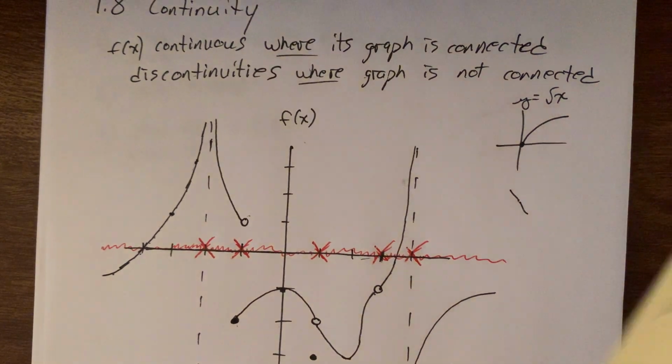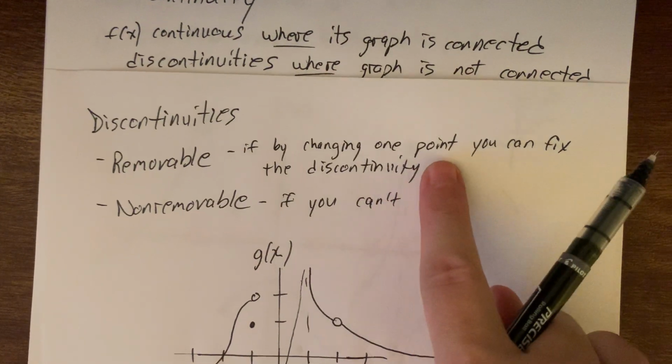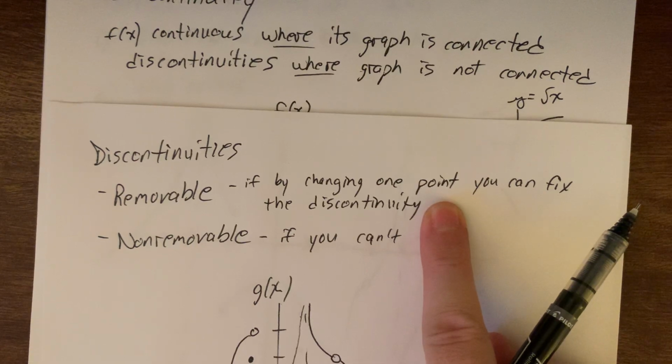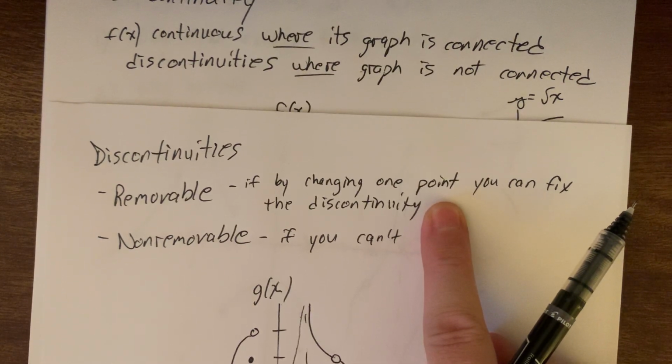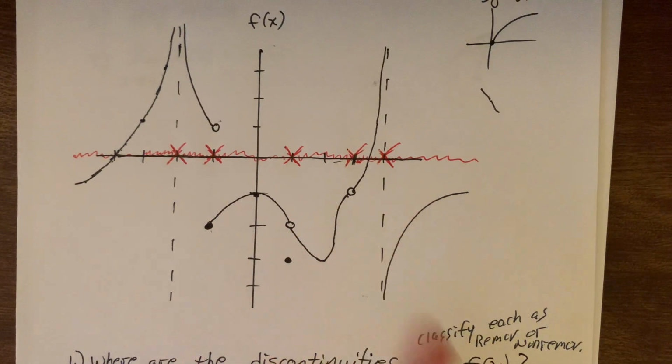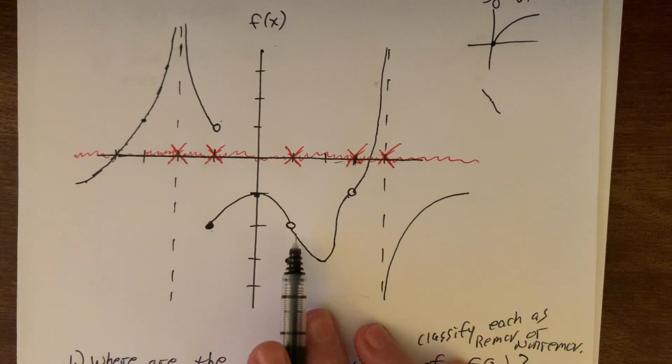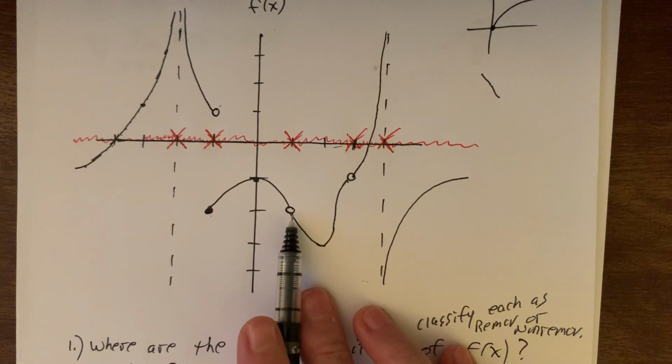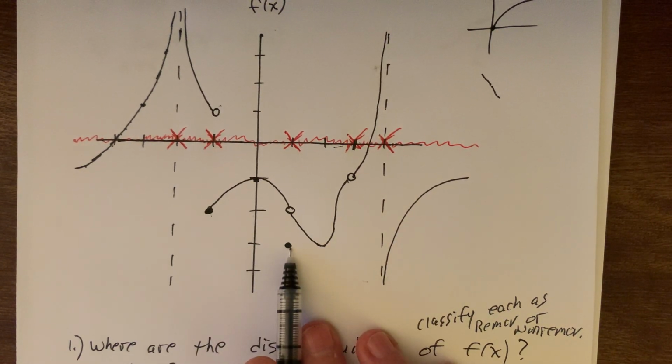Non-removable discontinuities. This whole idea of being able to change one point and fixing the discontinuity only works if you have a limit. Removable discontinuities pass step 1 and fail elsewhere. This one failed on step 3. The limit value did not equal the function value.